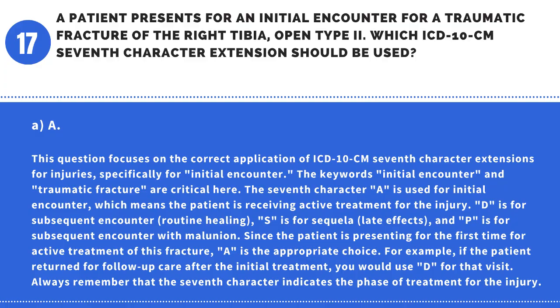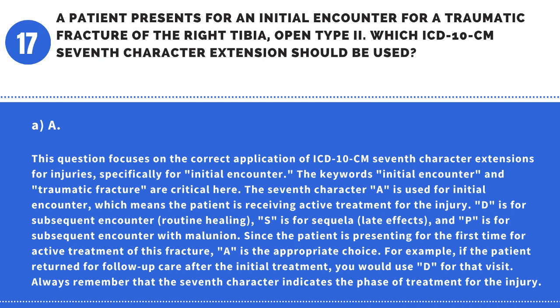Answer A. This question focuses on the correct application of ICD-10-CM 7th character extensions for injuries, specifically for initial encounter. The keywords initial encounter and traumatic fracture are critical here. The 7th character A is used for initial encounter, which means the patient is receiving active treatment for the injury.